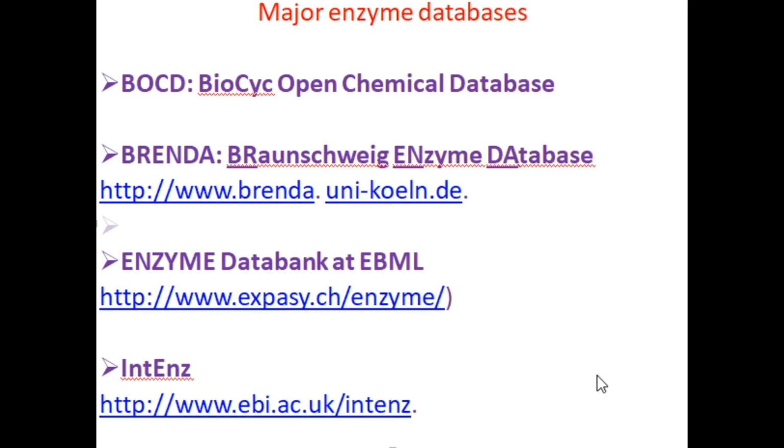Next one, the Enzyme Data Bank at EMBL, the Expasy Enzyme Data Bank. The Enzyme Data Bank at EMBL contained 4,173 entries, and in 2003 it was called the Enzyme Nomenclature Database.